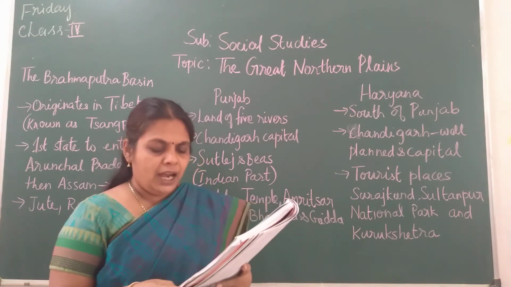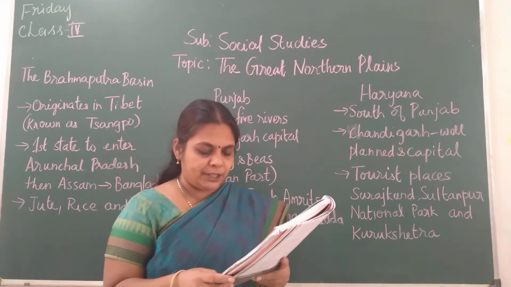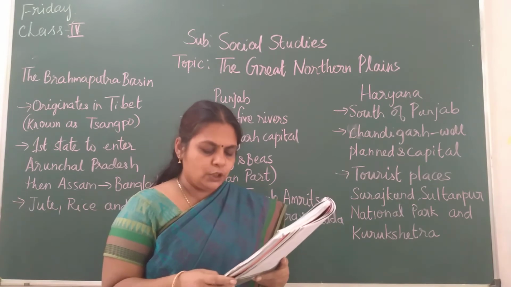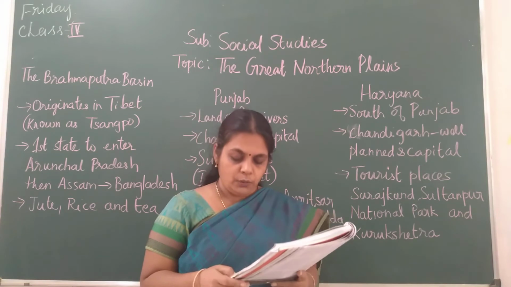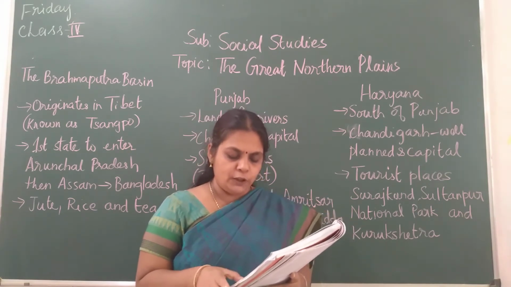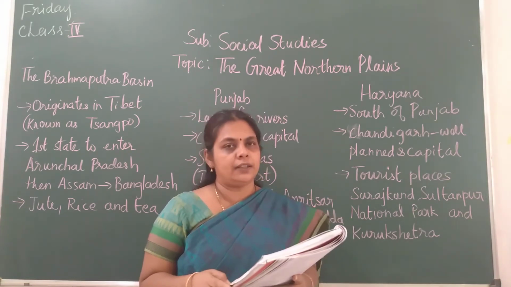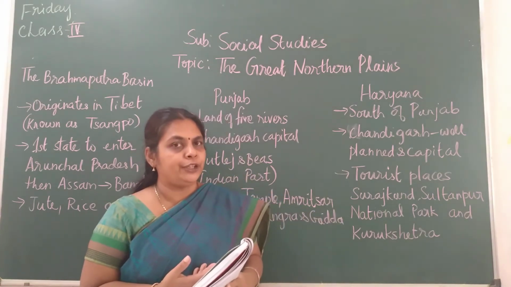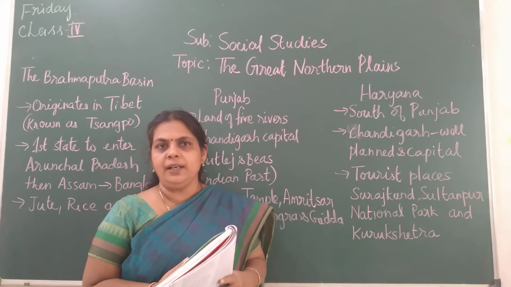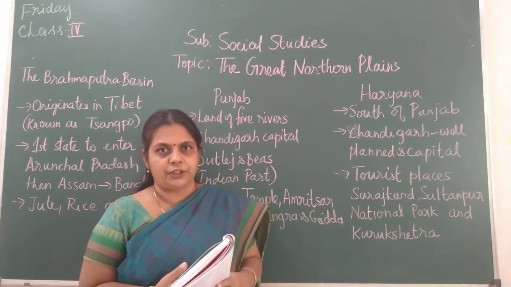Other big cities in Punjab are Amritsar, Ludhiana and Jalandhar, children. As the rivers are flowing, agriculture is the main occupation, children.